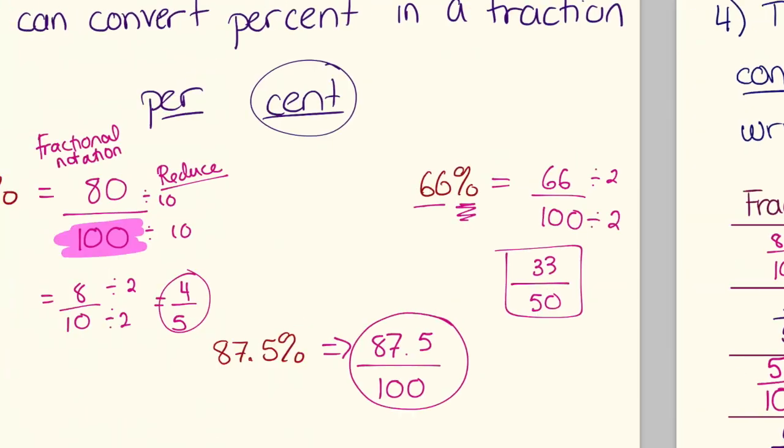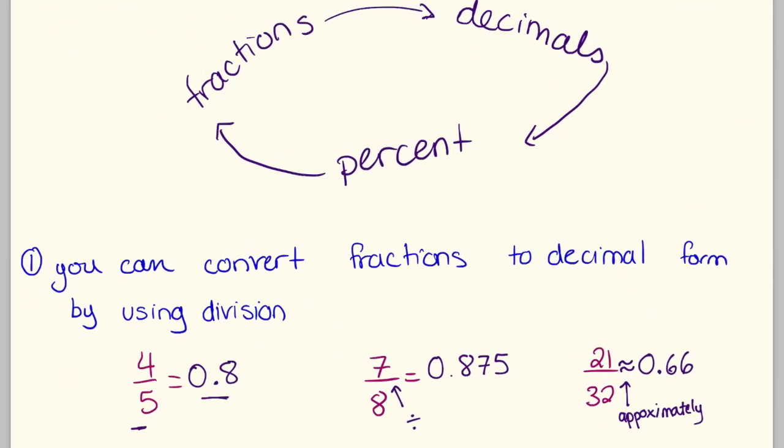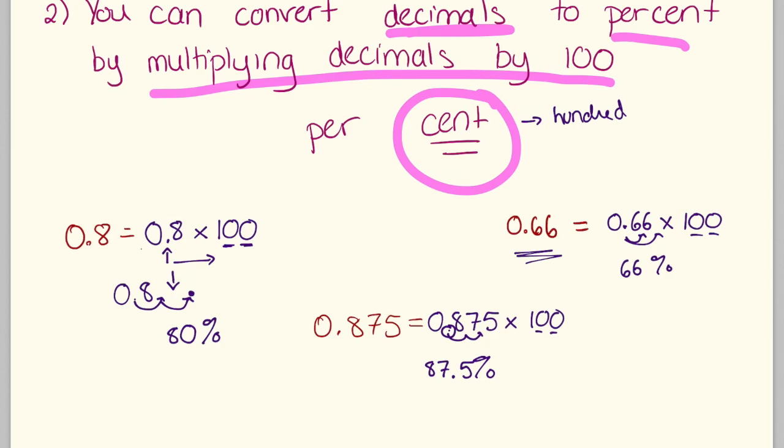So I'm just going to go back to the first slide so we can review. You should now know that in order for us to convert fractions to decimals, we need to just divide the numerator by the denominator. Once we have our decimal, we can then multiply it by 100 to get the percent form of the fraction that gave us that decimal.